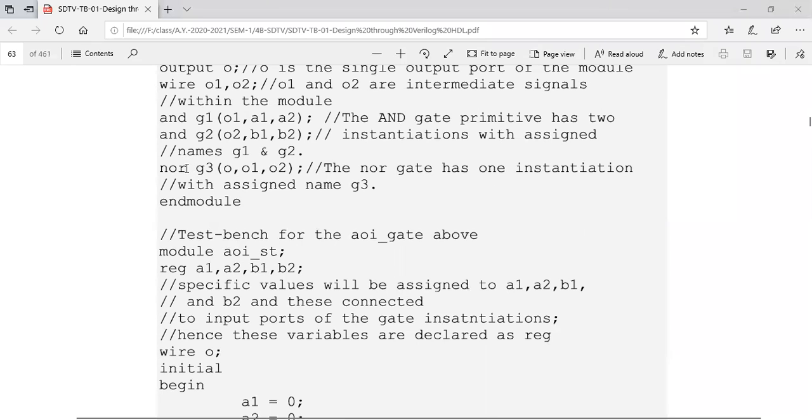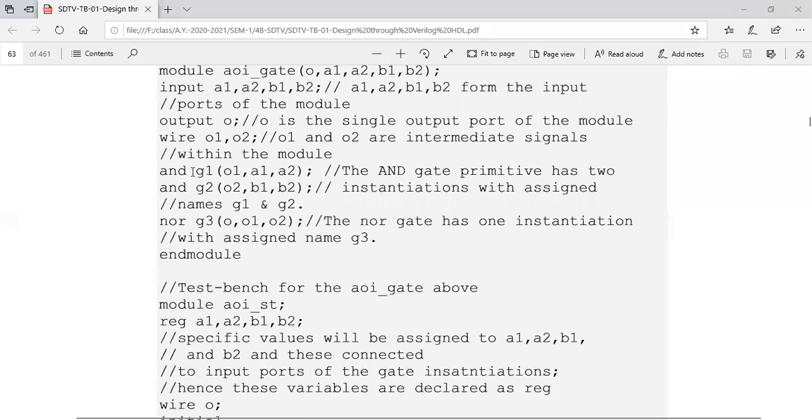I am giving it the name G3. The only output is O, and the inputs are O1 and O2, which are temporary signals. I am performing an OR operation on these, and its output is stored in O. So O is the output, and the final output we are directly assigning.